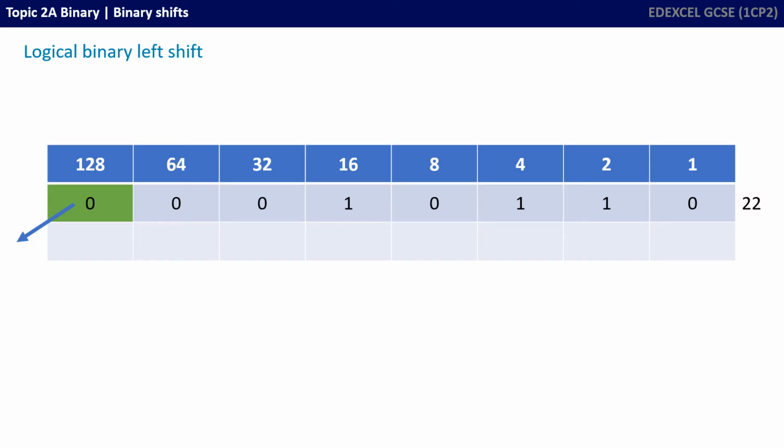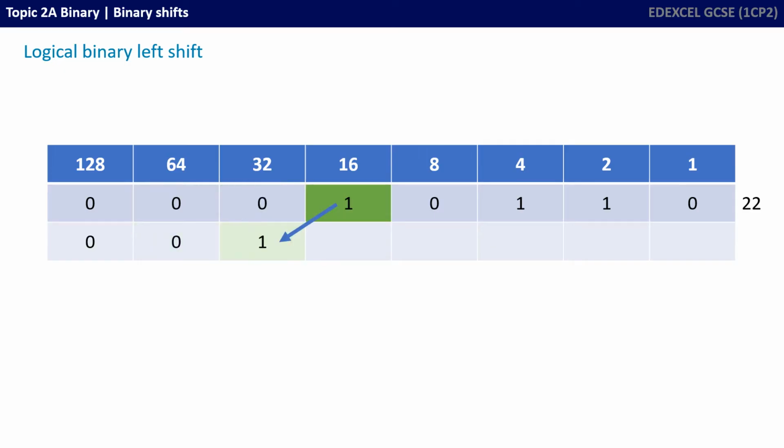We're going to left shift it by 1 bit. And then what happens is the bit in the 128 column is going to disappear off the left-hand side. The bit that's in the 64 column is going to move over, left shifted 1 position, so that it becomes a 0. The bit in the 32 position is going to shift 1 place to the left.